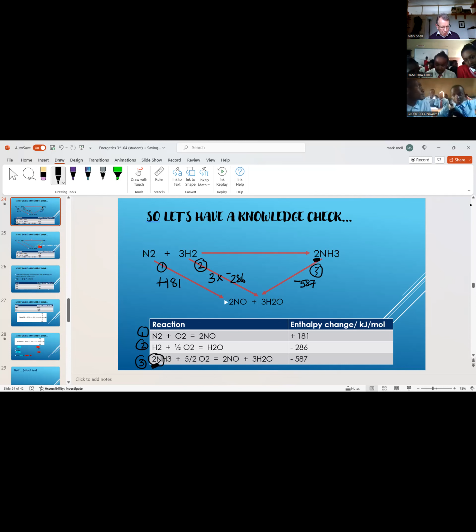and that is negative 587. So if we take the numbers which we've got, my total answer will be 181, which is positive, plus 3 times negative 286, which is negative 858, plus this is going to change direction, and so it changes sign, positive 587, and that comes to negative 90.